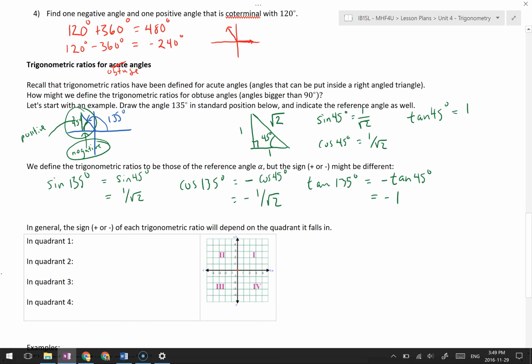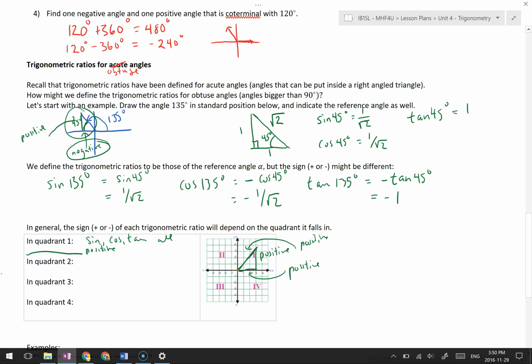So in general, for any angle, the plus or minus of its trig ratios will depend totally on the quadrant that it falls in. So if we drew a triangle in quadrant 1, this side is positive, this side is positive, and the hypotenuse is always positive. So in quadrant 1, sine, cosine, and tan are all positive.